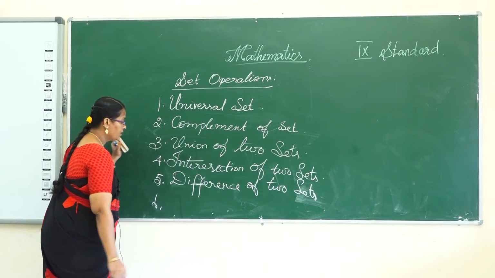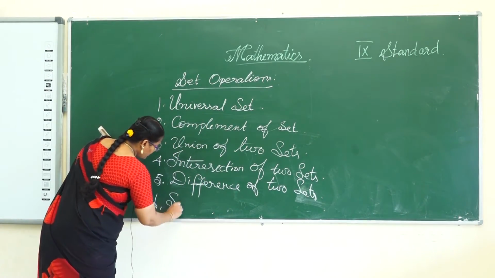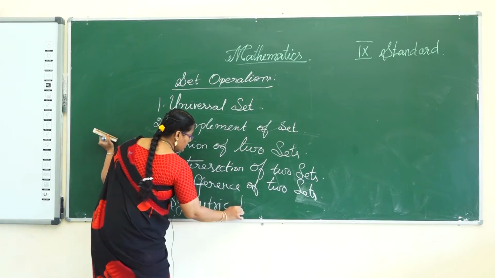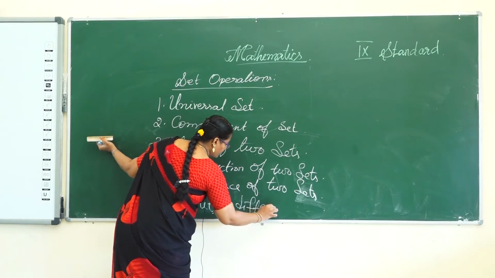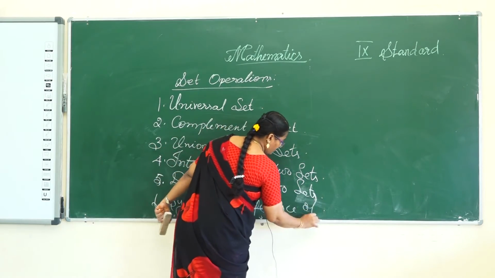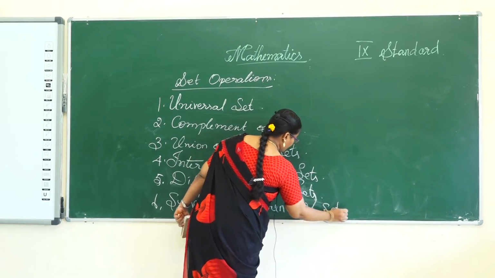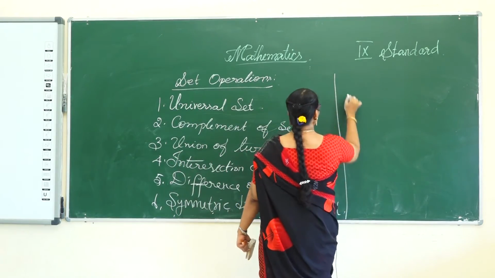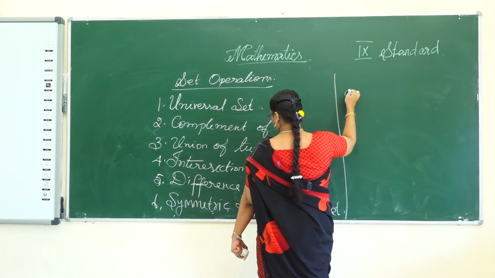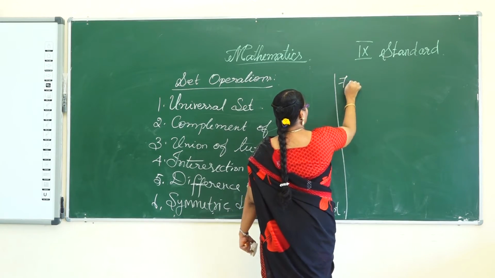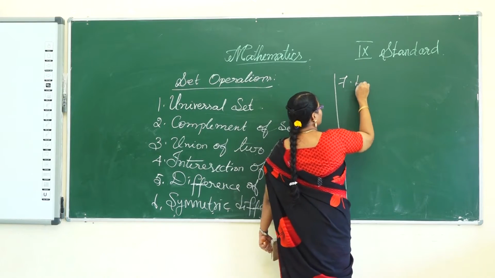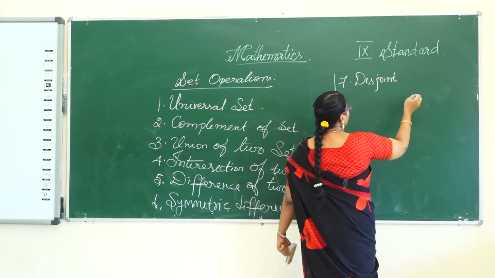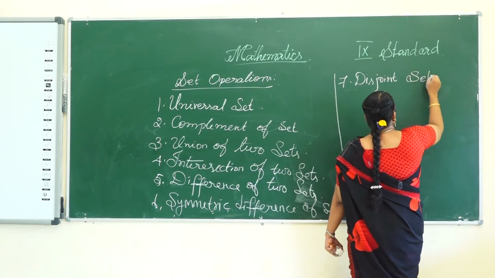Sixth one, symmetric difference of sets. And the final one, disjoint sets.